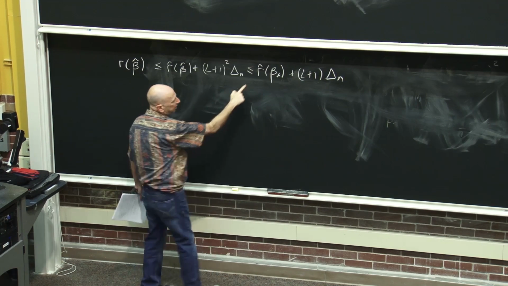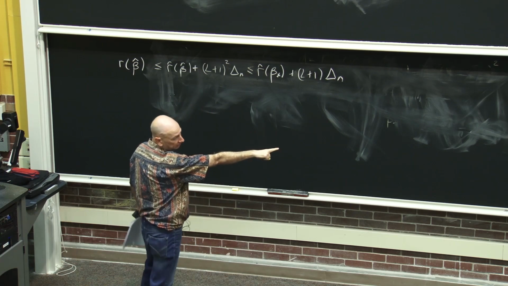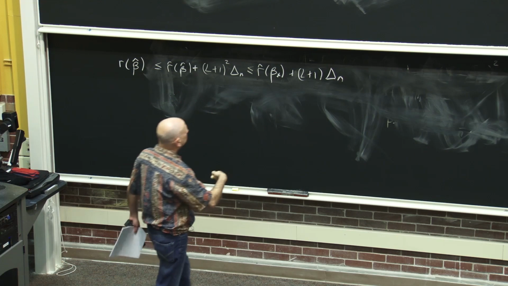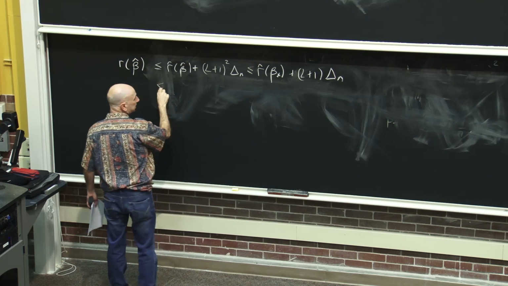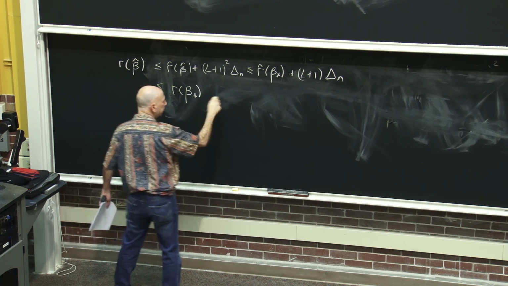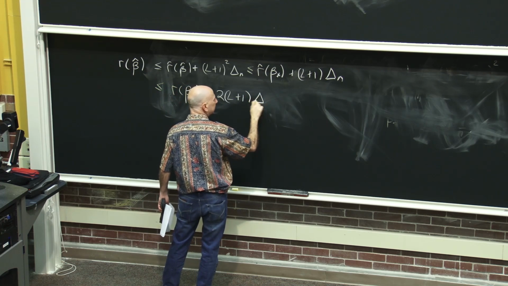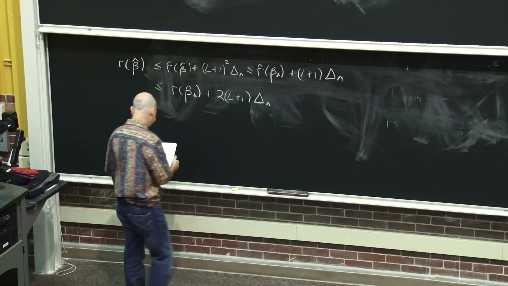Now we do it again. I know I can replace r and r hat. I can switch them around. And I'm introducing an error of that size. So that's less than r of beta star plus another term of that size, 2 times L plus 1 squared delta n.